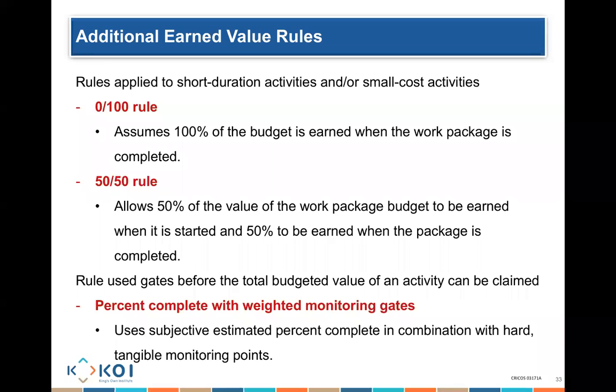There's a 50-50 rule of earned value, which allows 50% of the value to be earned when I start the activity, and the remaining 50% to be earned when I finish the activity. And the third is percentage complete with weighted monitoring gates.